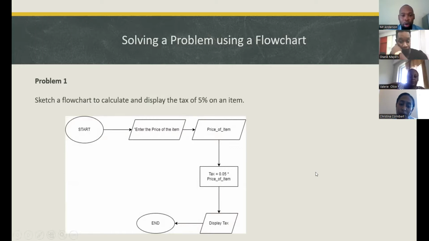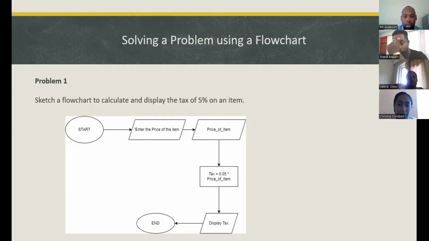So we're moving along. So now that we entered our price of the item, our next step, we want to do a calculation in our flowchart, okay? Now, calculation is processing happening in your flowchart. So that means we use the rectangle.